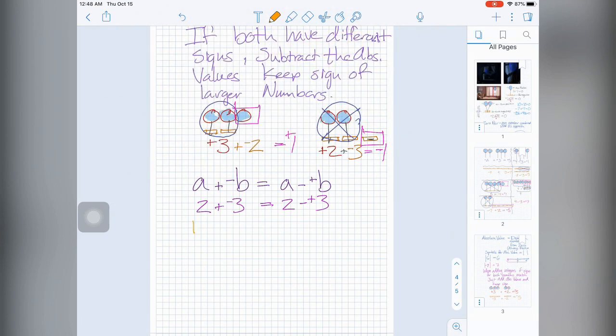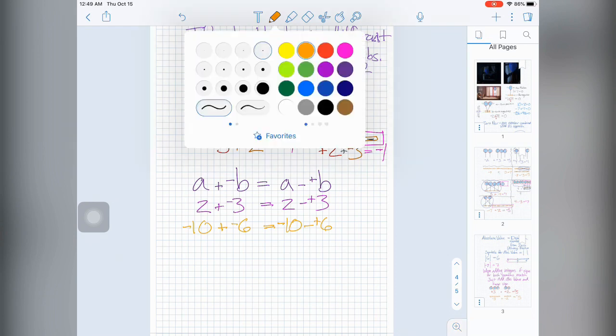And let's see, negative 10 plus negative 6 is the same as negative 10 minus positive 6. It doesn't really matter which one of these you use. And because you can switch them around, what I recommend you do is that you always go with the adding version.